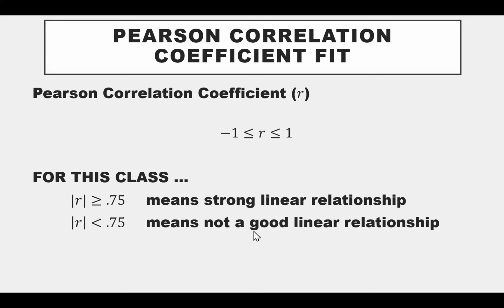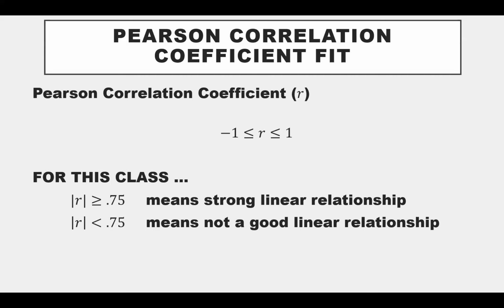So in other classes, we may have different R value cutoffs between a good and a bad relationship. For this class, the one I teach, we're always going to make the cutoff at 0.75. Therefore, if R in absolute value is above or equal to 0.75, we are going to say there's a strong linear relationship.